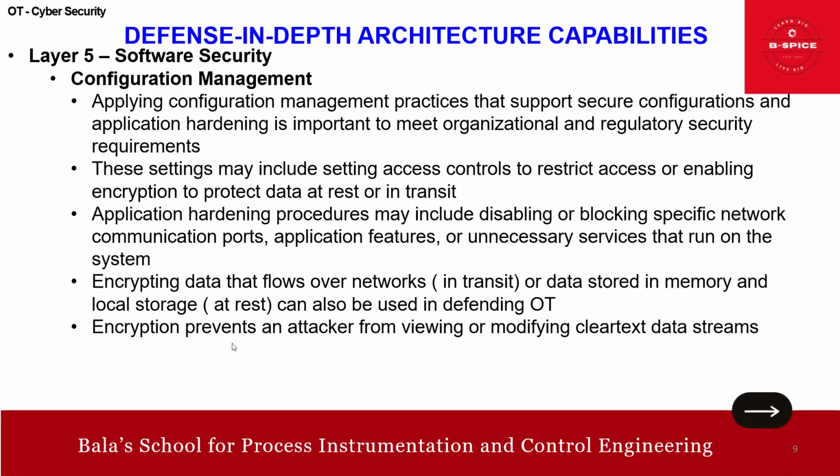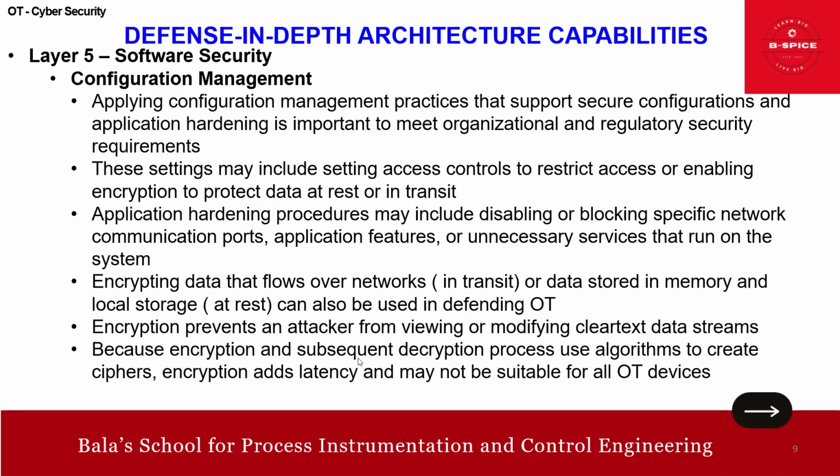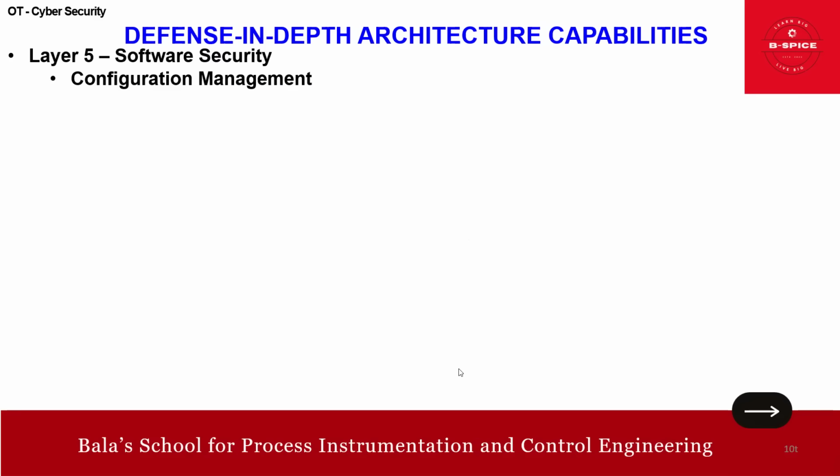So encryption prevents an attacker from viewing or modifying the clear text data streams because we are changing it into ciphertext. Because encryption and the subsequent decryption process use algorithms to create ciphers, encryption adds latency. Of course, that does not mean it is always there. So encryption adds latency, meaning delay, and may not be suitable for all OT devices. Yes, of course, we need to take note of this.